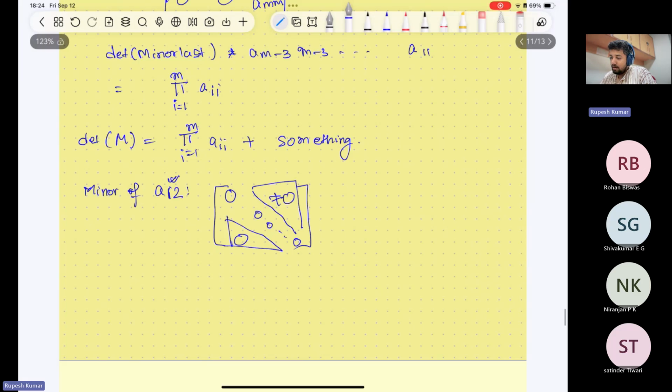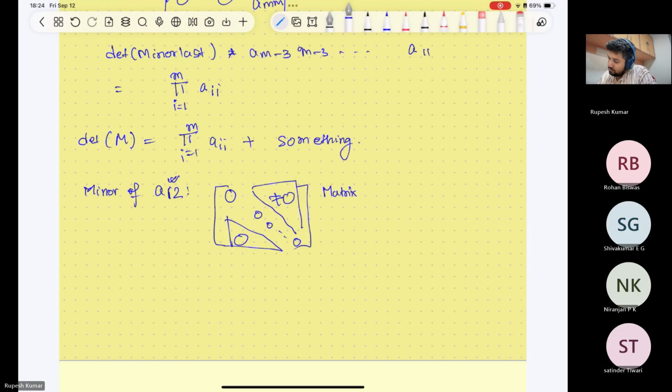And now what is the determinant of a matrix with the diagonals filled with zero? In fact, an upper triangular matrix, right?